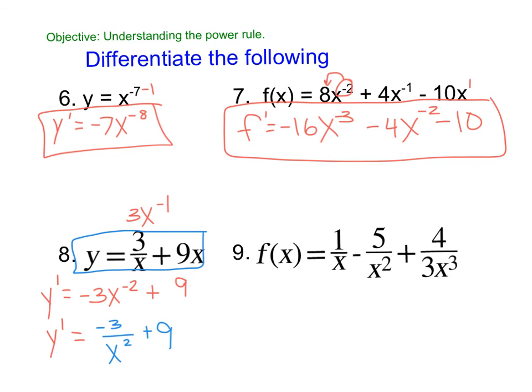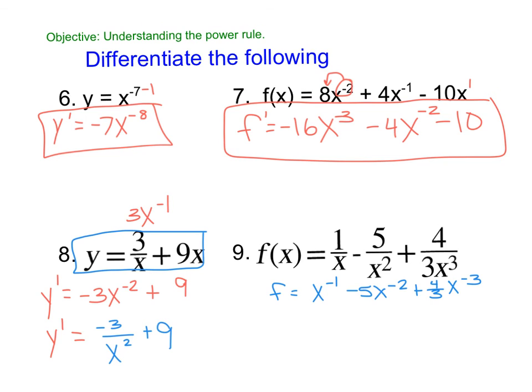Start by rewriting it. So f is x to the -1 minus 5x to the -2 plus, now the 3 stays in the denominator, 4/3 x to the -3.